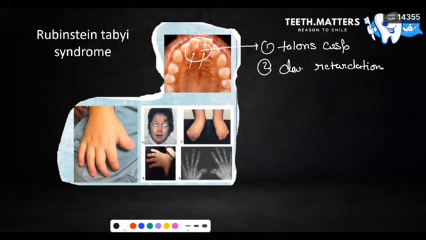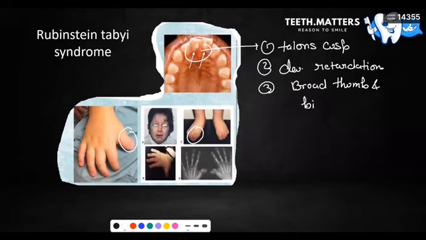And we see broad thumb and broad great toe. Okay, so broad thumb and big great toe. And there is delayed or incomplete descent of the testis.